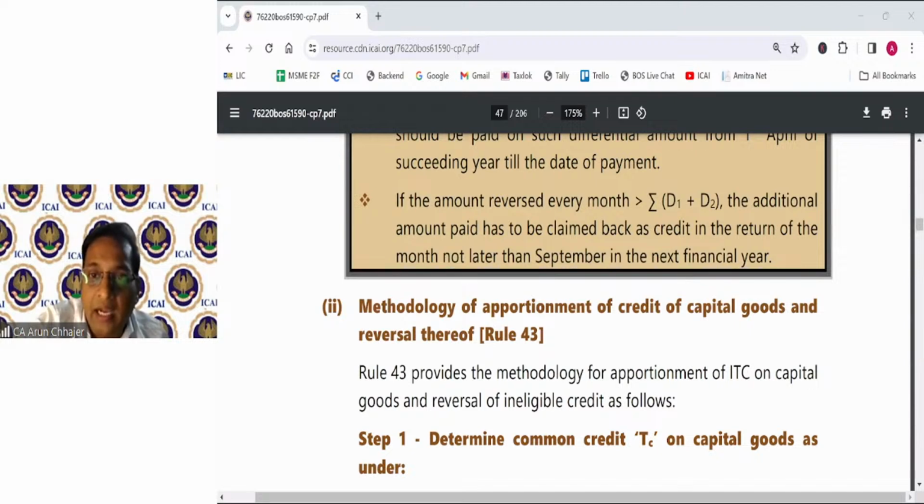So I can take the ITC to the extent of taxable supply. So I need to reverse my ITC to the extent of exempt supply. How to reverse? That formula has been given in 42 and 43. Difference: 42 is for input and input service, 43 for capital goods. We can identify the amount of the ITC which I need to reverse. That's it.